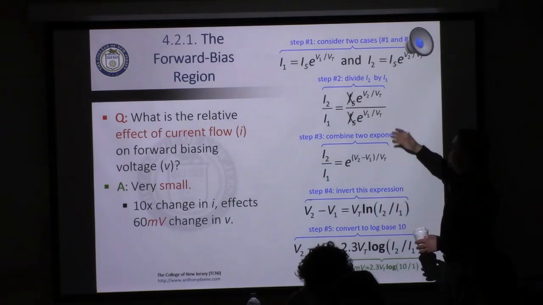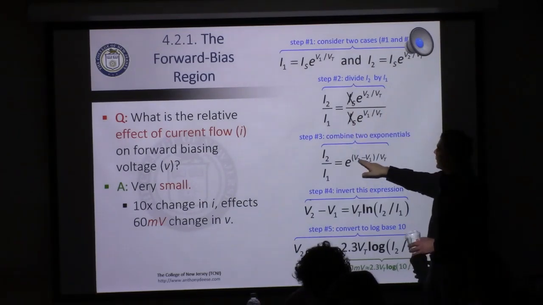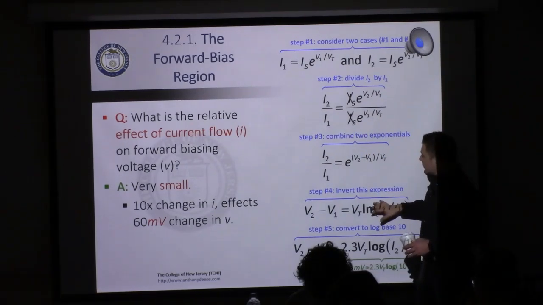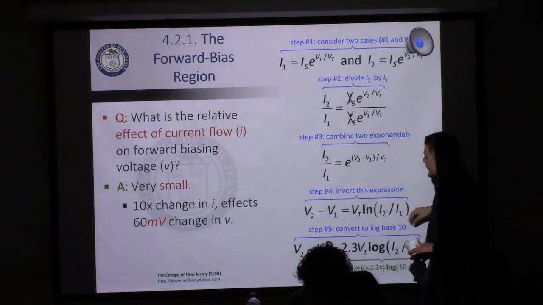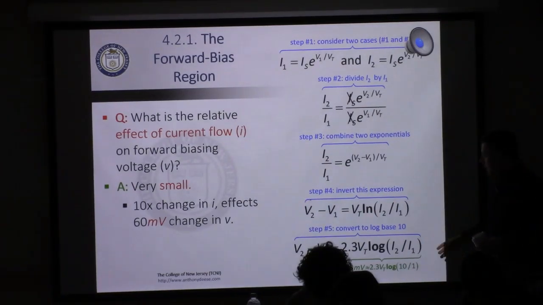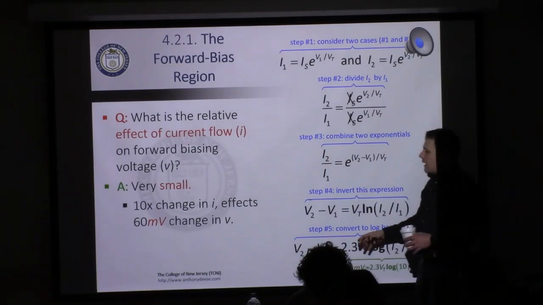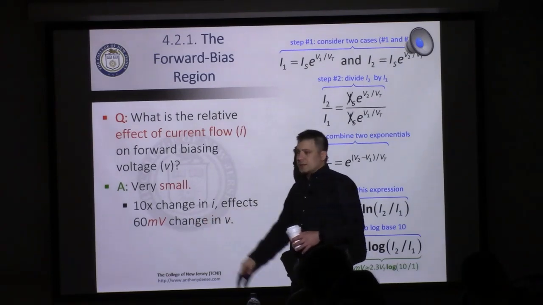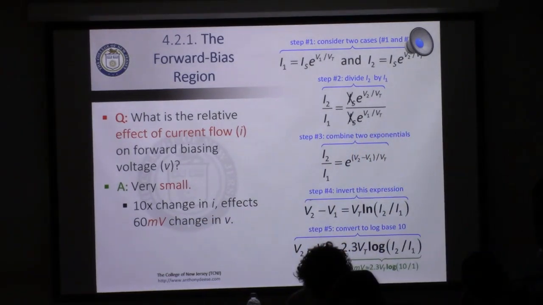So let's say we divide one by the other. We can get rid of the Is's. We can combine the V's together. And then we can actually solve for V2 minus V1. We apply the natural log and do all the appropriate math. And what we see here, again, is that a 10 times change in current affects as little as a 60 millivolt change in voltage. So that could be going from 1 amp to 10 amps.